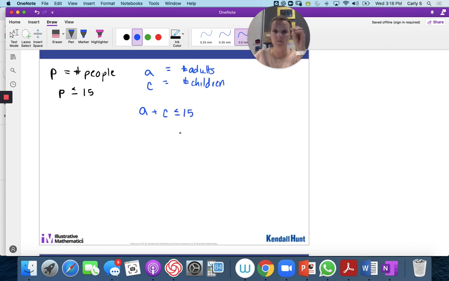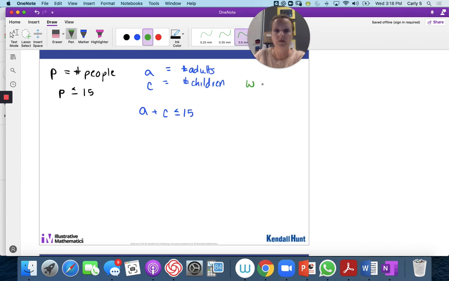Okay, that means the total people have to be less than or equal to 15, and now we've put in values for A and C. We can take this another step and say W must be less than or equal to 1,500, where W, sorry, that's in a different order is what I've done. Let's keep everything pretty organized.